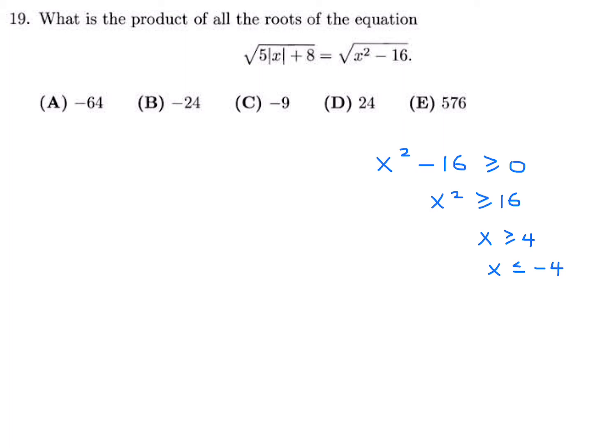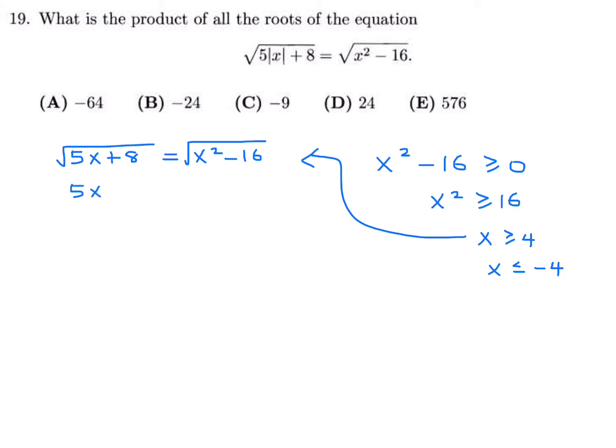If x is greater than 4, then this equation basically becomes 5x plus 8 under the square root sign is equal to x squared minus 16 under the square root sign. So that's for this first scenario, x is greater than 4. Take the square root of both sides and get 5x plus 8 is equal to x squared minus 16. And then put everything on one side: x squared minus 5x minus 24.